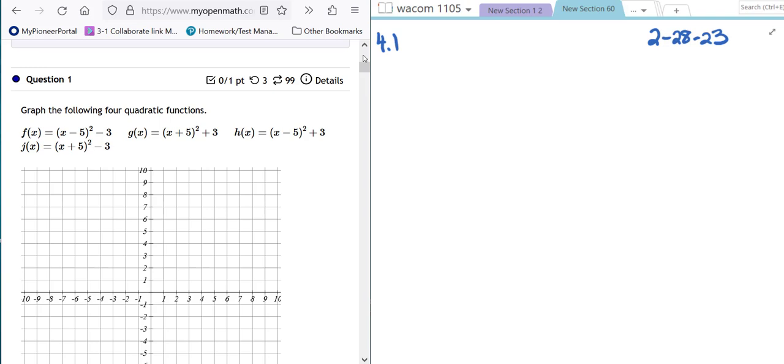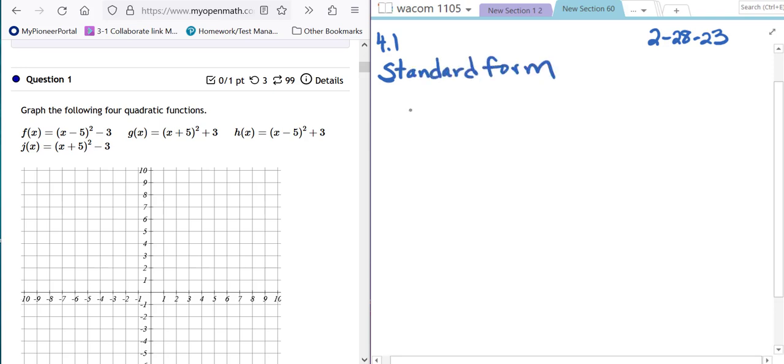When you have a parabola, a very important thing to be able to pick off is the vertex. If we are in what's called standard form, it looks like this.